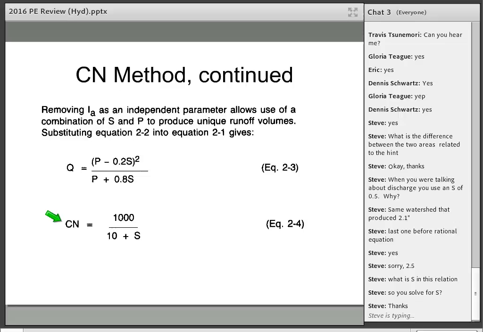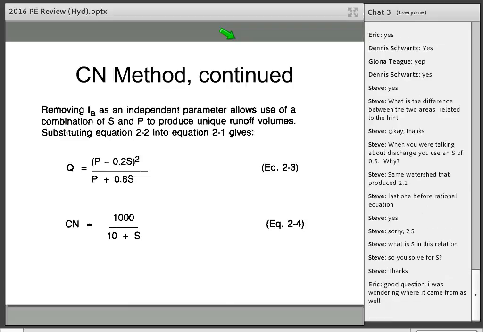Any other questions about anything? In fact, I'm going to write myself a note to make that change in case I use that same presentation again.